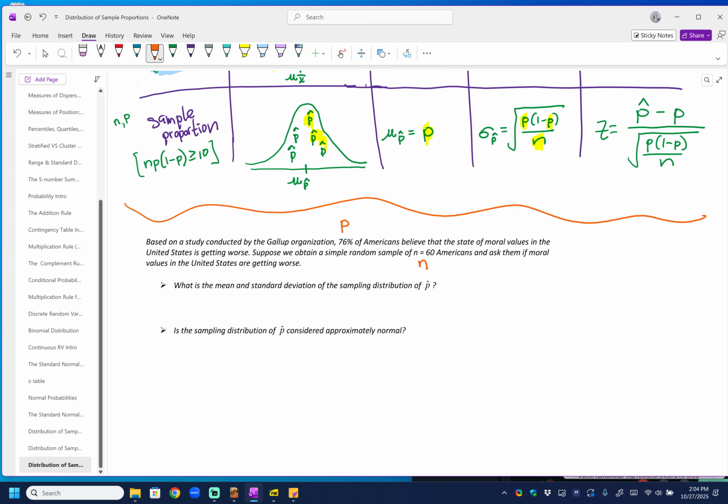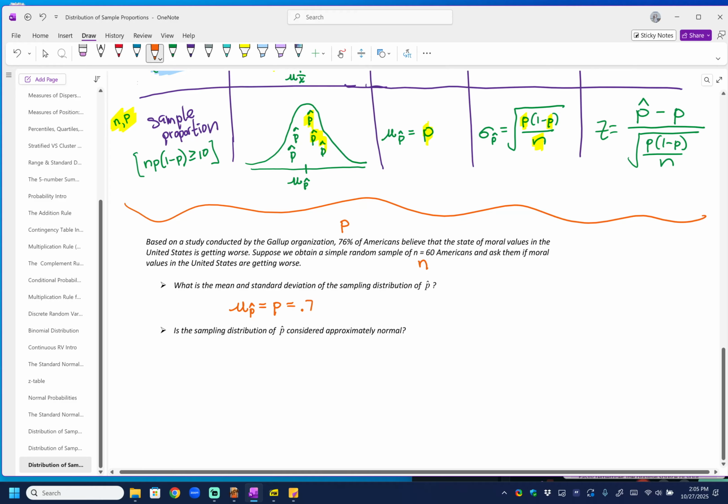So just as I had stated before, what was the given information? It was n and p. So we use n and p to develop the sampling distribution of the sample proportion, which we can use for analysis. So how do we do that? Well, first things first, we need to find the mean. The mean of a sample proportion is always equal to p, which is just going to be 0.76.